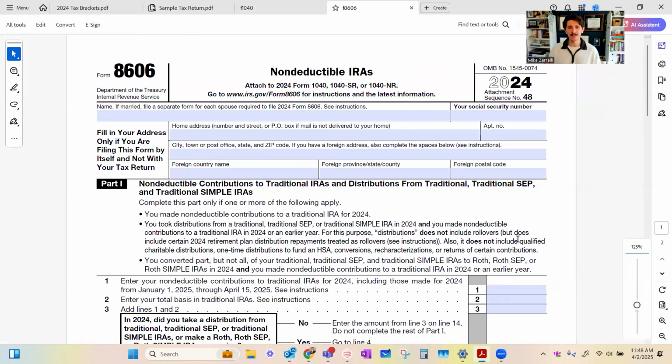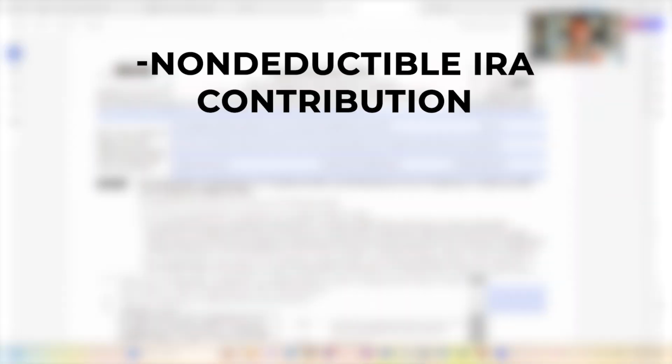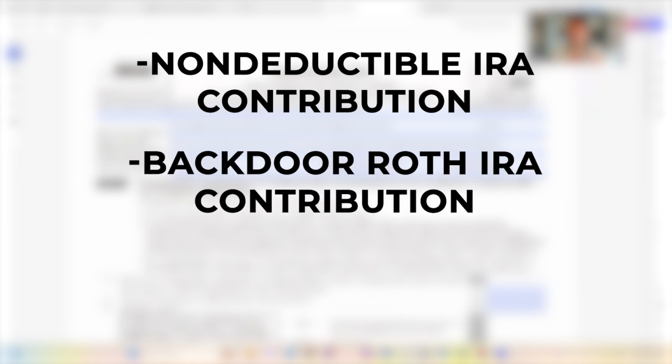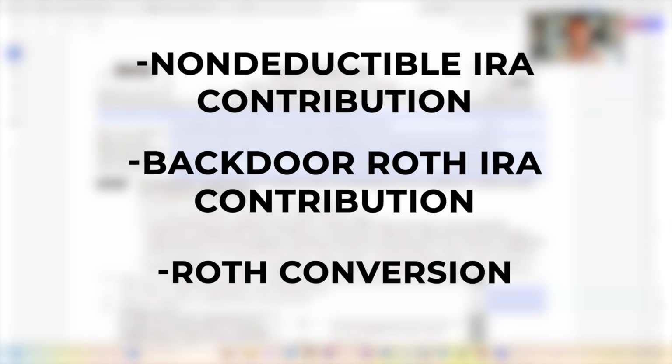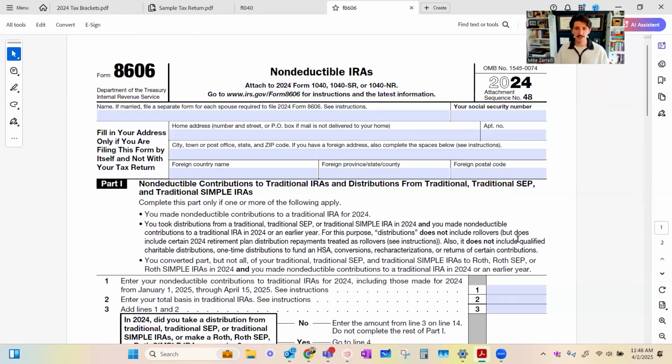This form comes into play when you've either done a non-deductible IRA contribution, meaning you did not get a tax deduction on that IRA contribution, or you did a backdoor Roth contribution, or you did a Roth conversion. Again, these are all strategies that FSA Wealth Partners helps our clients implement when it makes sense. And it's crucial to have Form 8606 filled out if you implement any of these strategies.